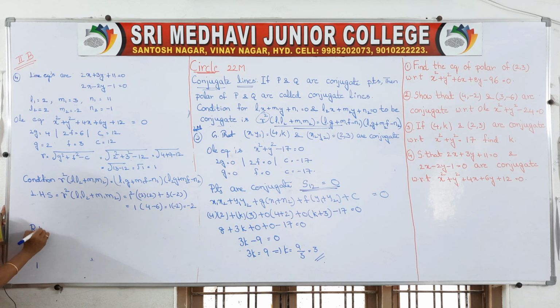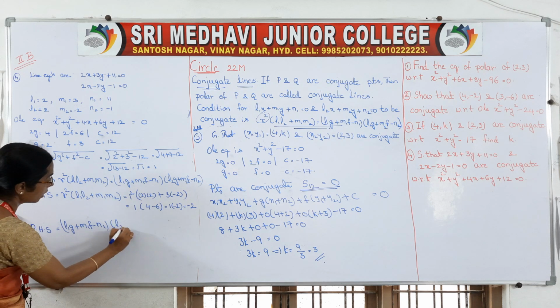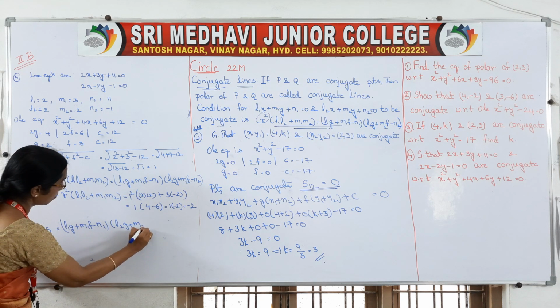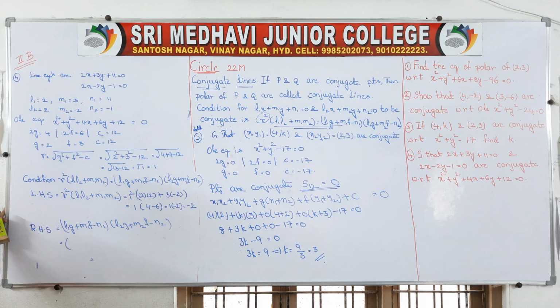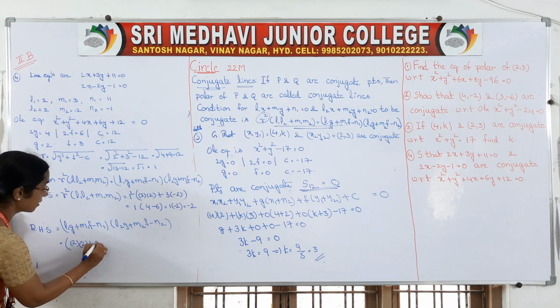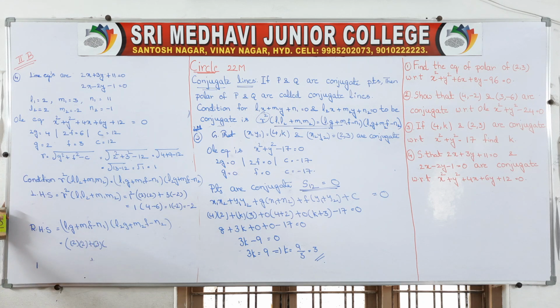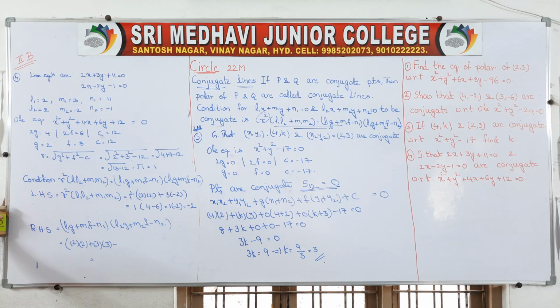Now, you get your right hand side value. What is the right hand side value? (L1 g plus M1 f minus N1) into (L2 g plus M2 f minus N2) is equal to L1, it is 2, and g value is 2, plus M1, it is 3, and f, what is f? 3, minus N1, what is N1?